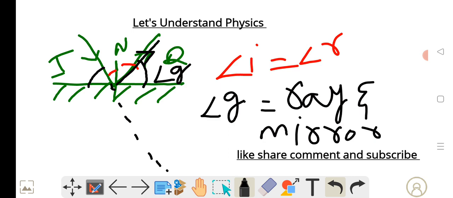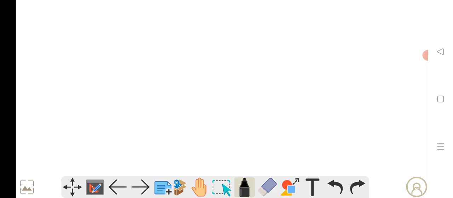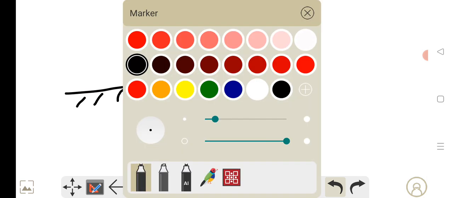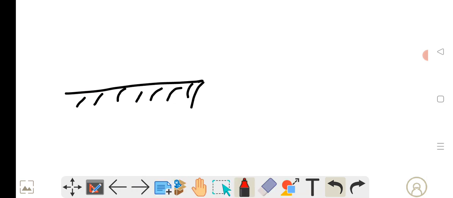Instead of going straight, it is going in a different path. It is bouncing back. So this angle where it is bouncing back, we call it the angle of deviation.